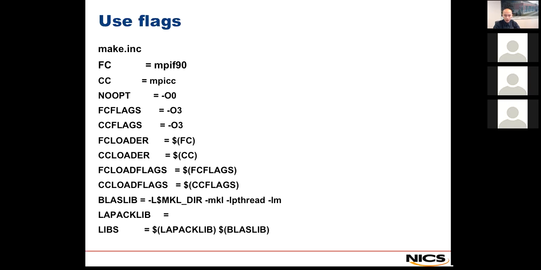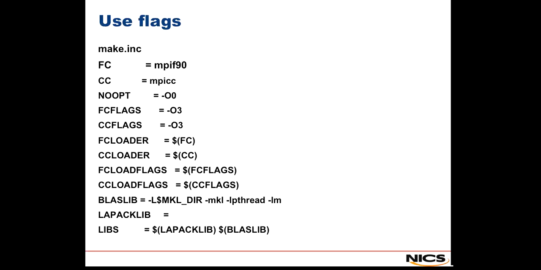So, for example, here I offer an example where I use the MKL library to provide the BLAS subroutine. Following the -L option is the path to the MKL library. And there are several other flags such as -lmkl, -lm, which point the compiler to the right library.